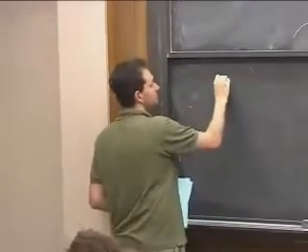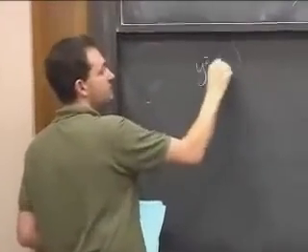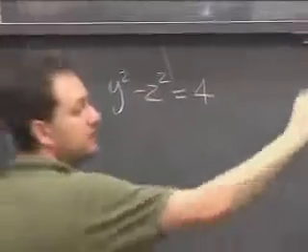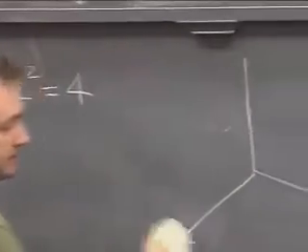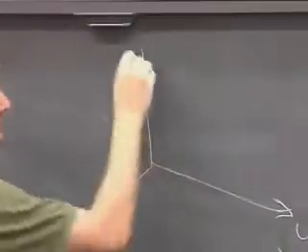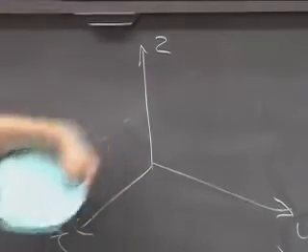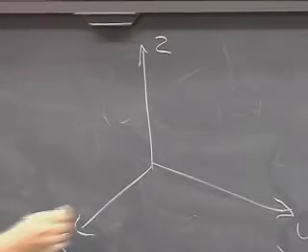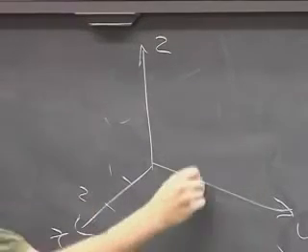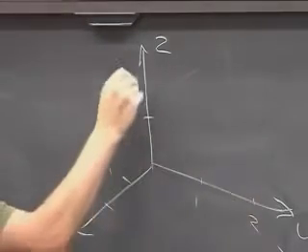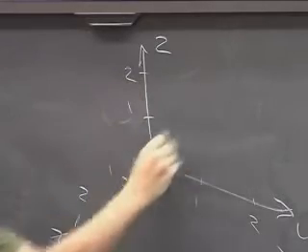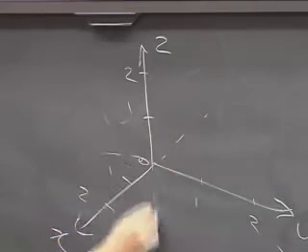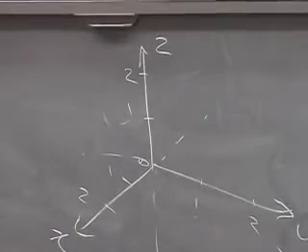So suppose I took y squared minus z squared equals 4. Well, let's take our same x, y, z. It looks a bit confusing. This is actually the positive x-axis, so I've kind of turned around so that x, y, z. So this is 1, 2, and the negative directions go down there. Okay, so what's going on here?